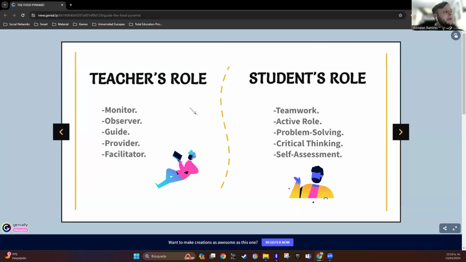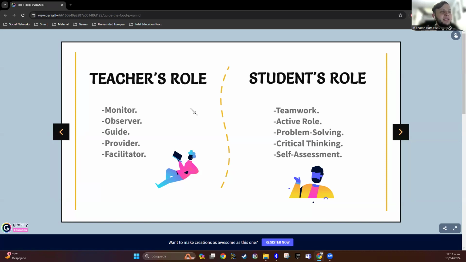Next, the cognition part is also really important in the CLIL method. Remember that the teachers are a support, yeah? They are going to be monitors and observers, and they are going to guide, provide, and facilitate all the information, vocabulary, and strategies that the students ask for, okay?